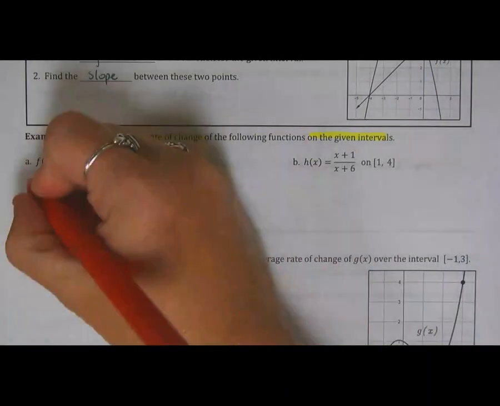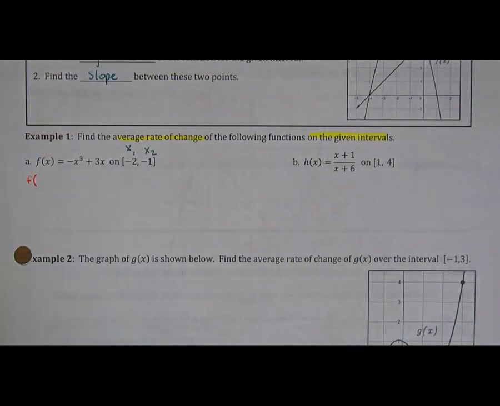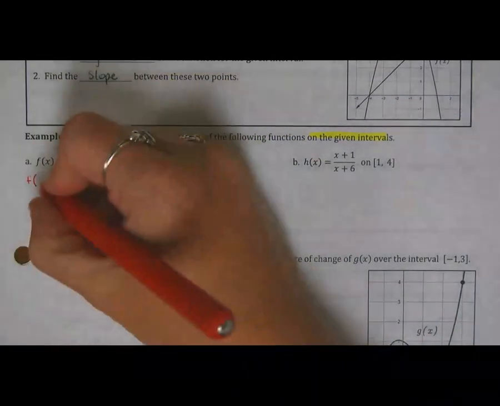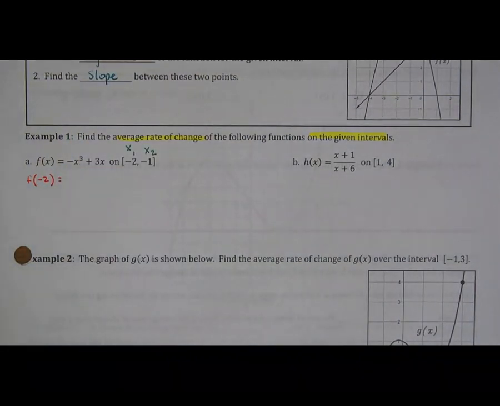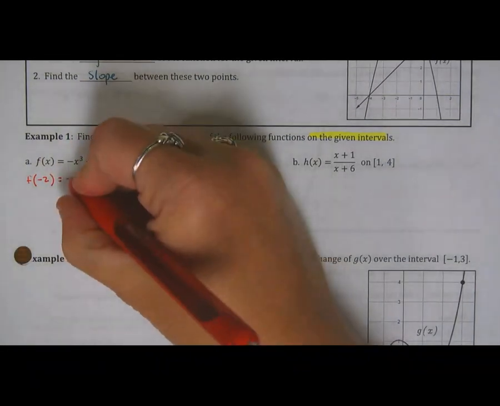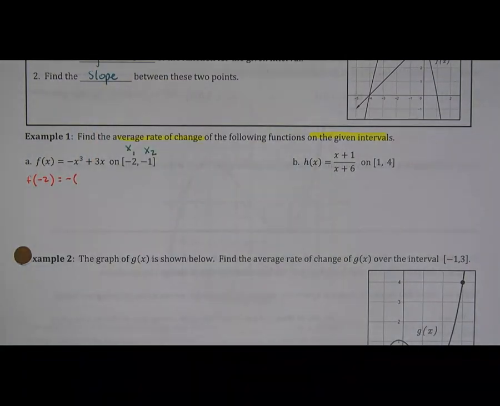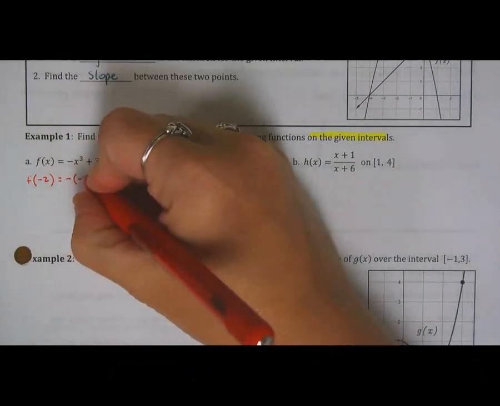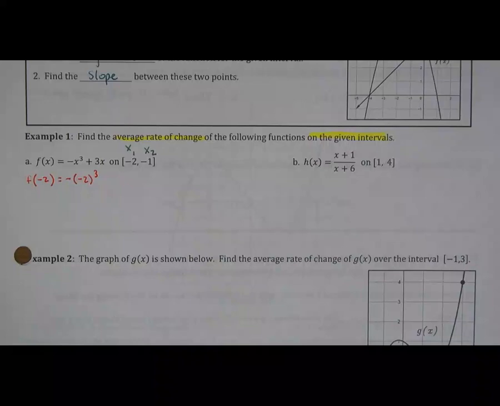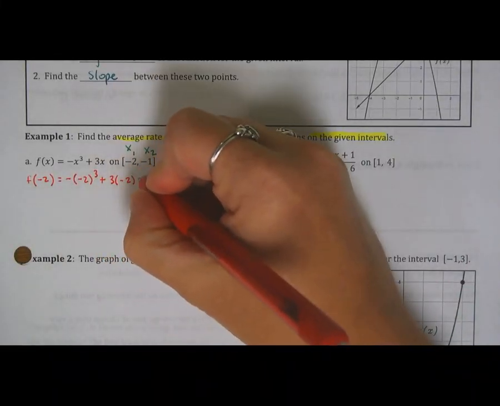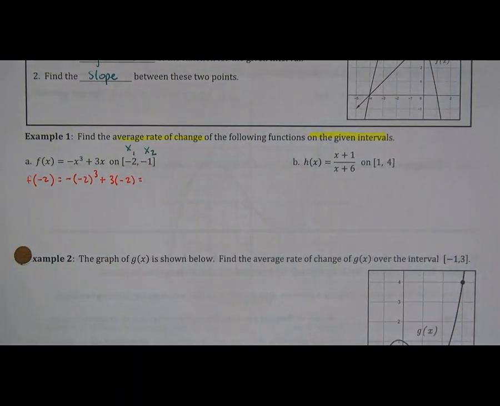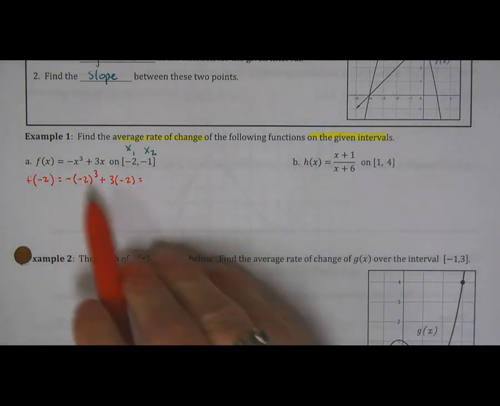So the very first thing you're going to have to do is say, okay, if I plug in negative 2, that first x value, what is f of negative 2? We're going to have to figure that out. So that's going to be negative times negative 2 to the third plus 3 times negative 2. Let's do PEMDAS. What is negative 2 times itself times itself?